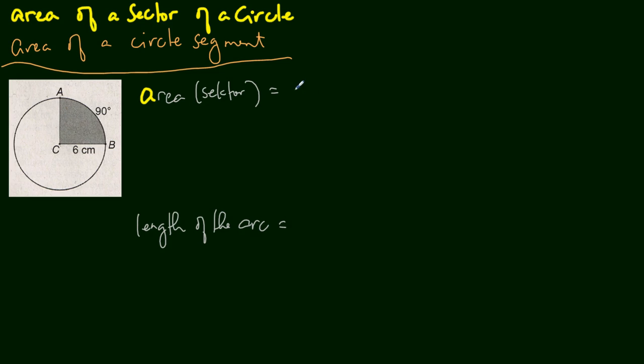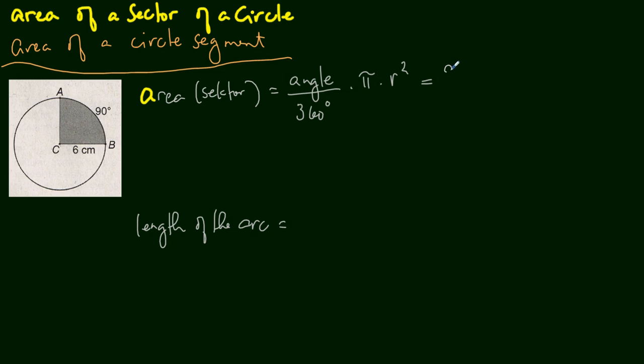The area of the sector is always like this: the central angle divided by 360 degrees multiplied by pi multiplied by the radius squared.